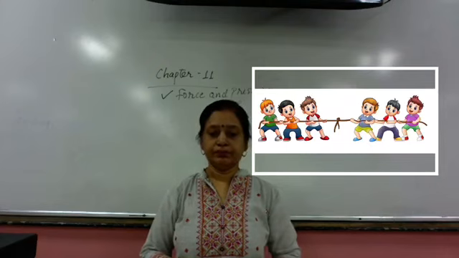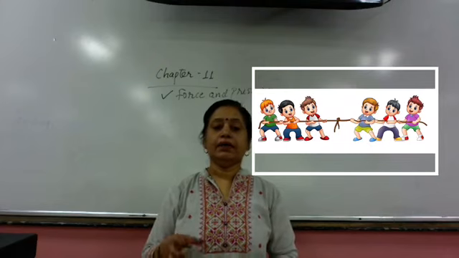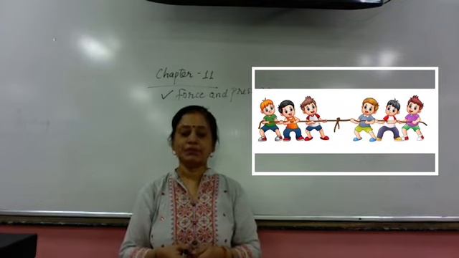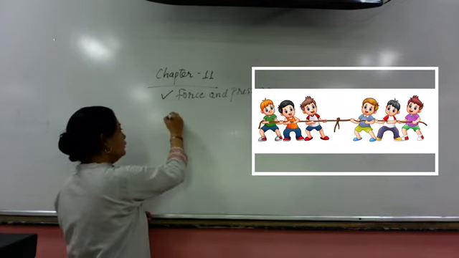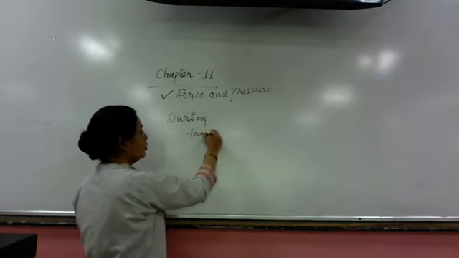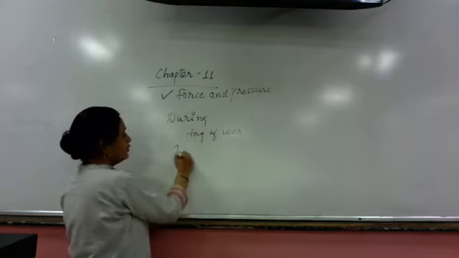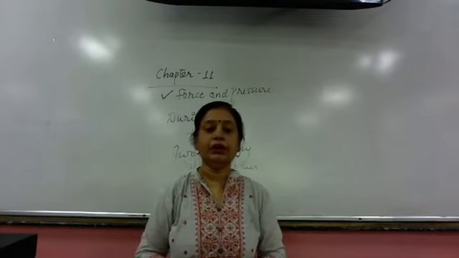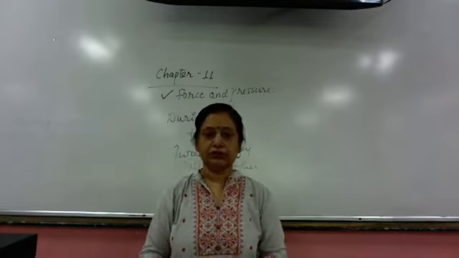What happens? You can see that the participants pull the rope towards themselves. During tug of war, both teams apply force in opposite directions.